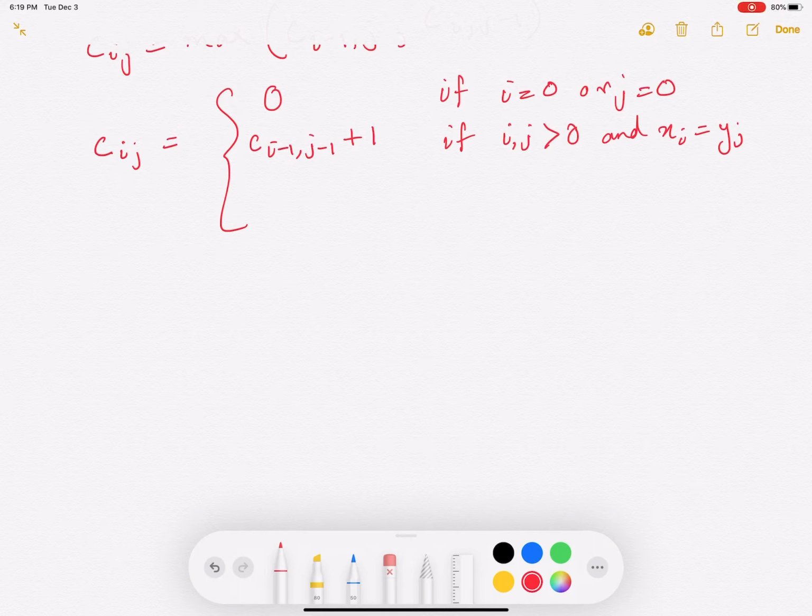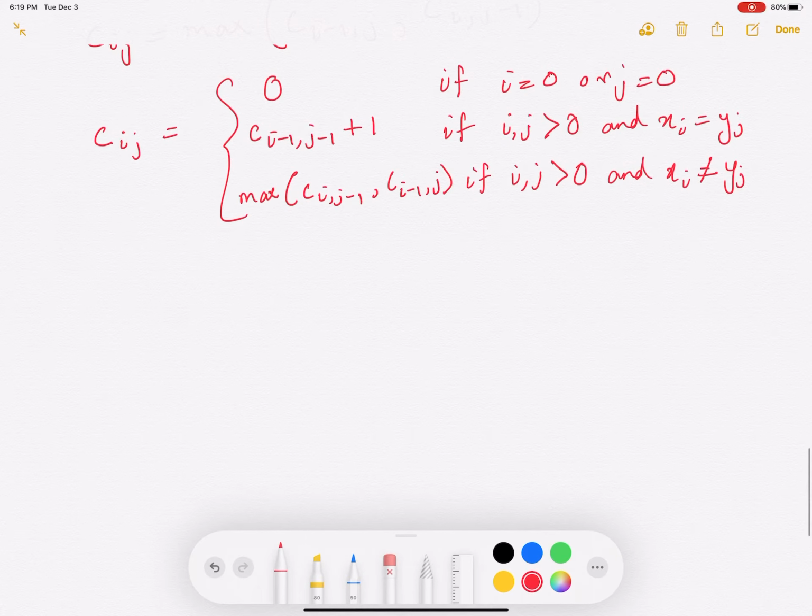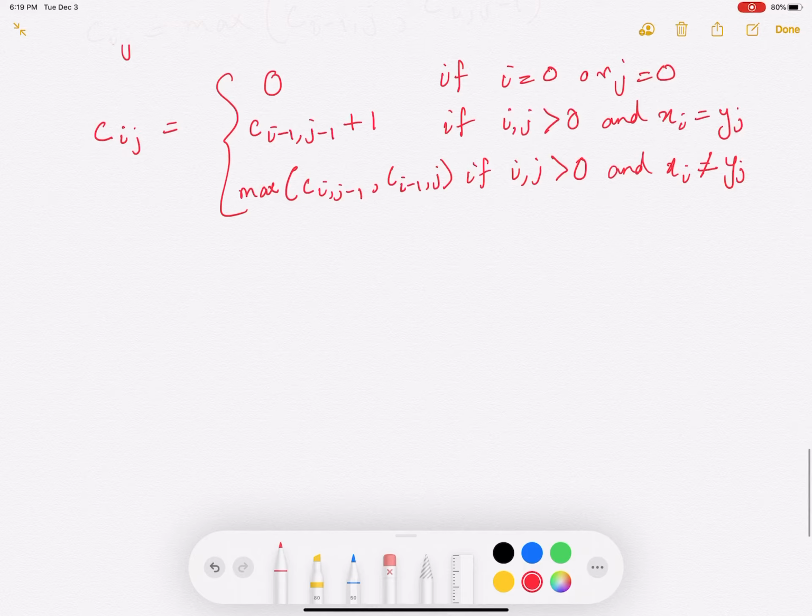And it will be the max of C of i, j minus 1 and C of i minus 1, j if i and j are both greater than 0 and xi is not equal to yj. These are the rules that we'll use to fill the table.